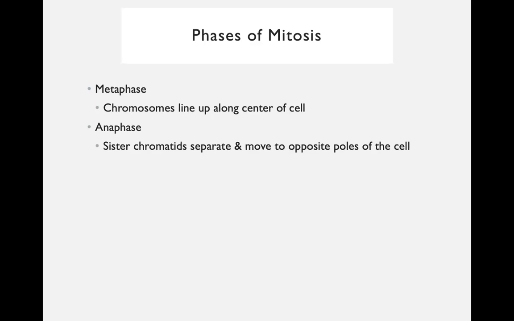Anaphase, also pretty easy. This is where those sister chromatids that are connected at the centromere are going to pull apart and move to opposite ends of the cell.